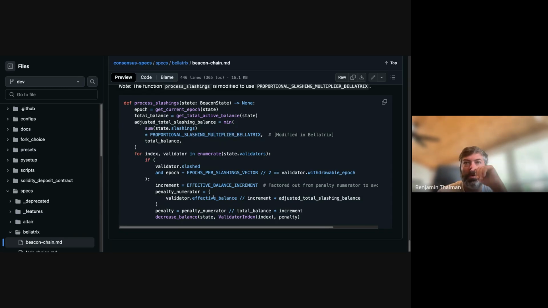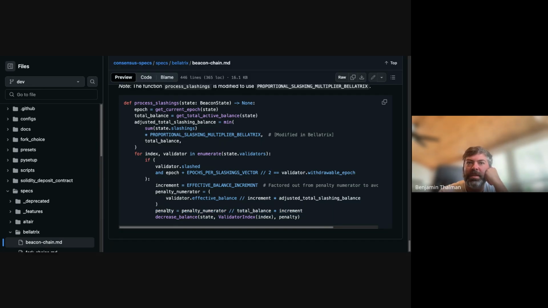At this point, penalty numerator is just taking your balance in whole ETH and multiplying it by this adjusted total slashing balance, which is basically 3 times the effective balance of other validators that commit a slashable offense. But it's not that 5%. It represents 3 times those slashed validators' balances. It's the next calculation, the next line, that expresses that as a percentage.